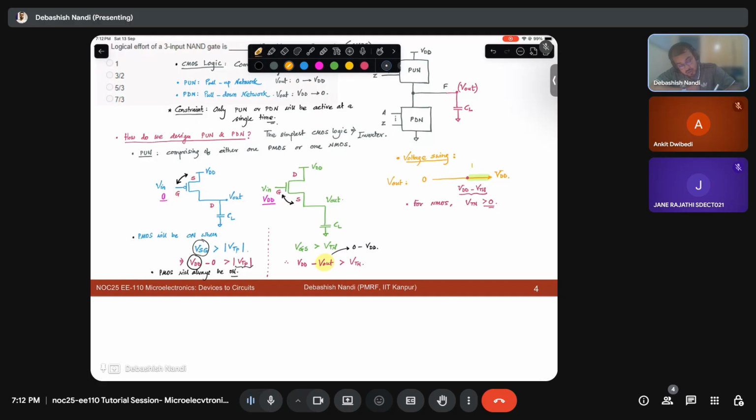Fine. Now tell me what will happen if my output is in this region. If my output V out is between these two regions, then what is my VGS of NMOS? That will be my VDD minus some voltage greater than VDD minus VTN, right?